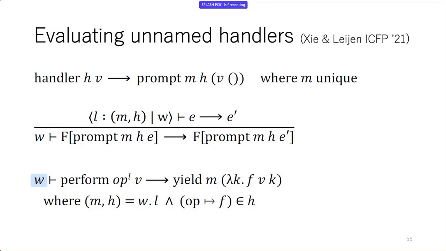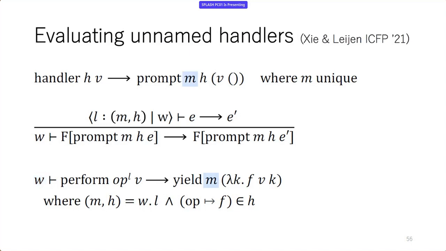So it has been shown that using the evidence passing semantics, we can improve performance by reducing handler search and continuation capture. And if we carefully look at these rules, we find that evidences play a similar role to handler names.